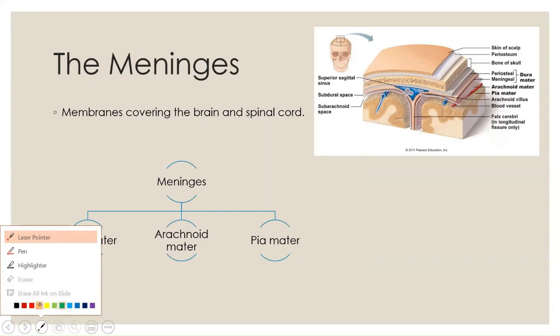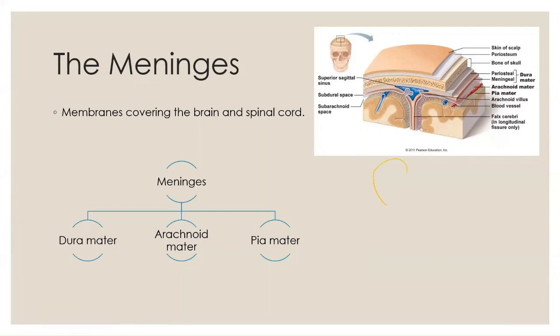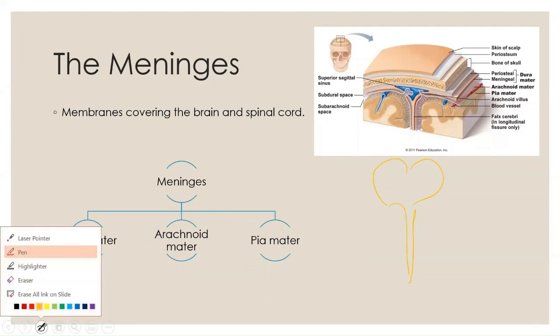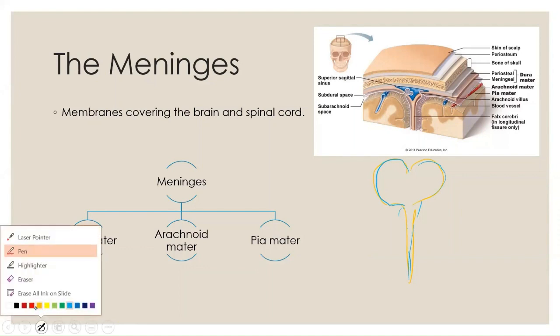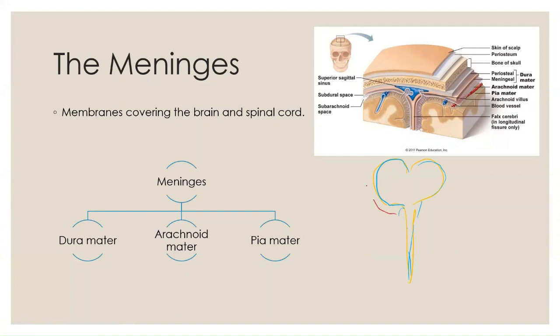So if you look at the brain, again, if you take a coronal section, you have the pia mater, which is closely covering the brain, and then outside it, you have the arachnoid mater. And from this arachnoid mater, you have web-like things extending into the pia mater.